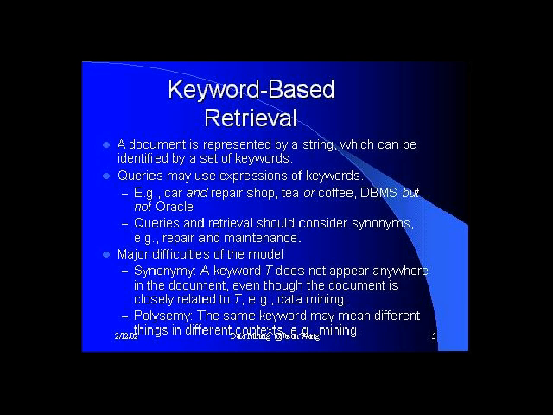And a keyword-based system cannot handle this well because keyword-based systems use exact string matching to do the retrieval. You have knowledge discovery, the document has data mining, they don't exactly match. So it cannot retrieve that document. And therefore, you can see that the recall will be very low because it misses a lot of relevant documents.